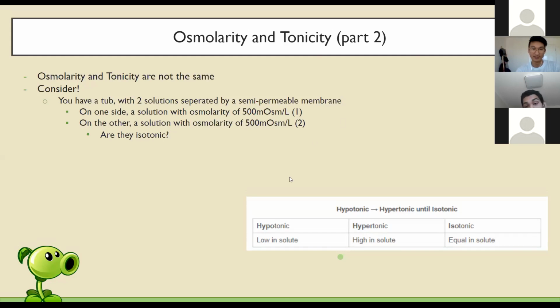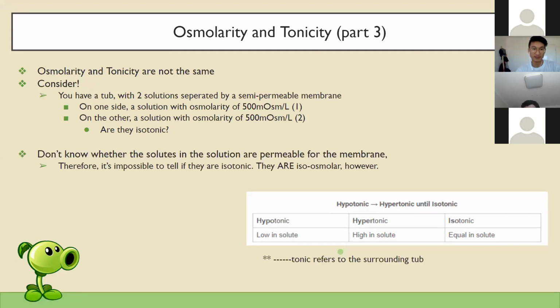Basically, they aren't isotonic, but they are isoosmolar. We don't know what's inside the solution, so we don't know if the solutes inside these solutions can diffuse across the membrane. So as Nikita was saying, this is where hypotonic, hypertonic, and isotonic come in. When you're describing it, you're describing things in terms of the larger bath around it.